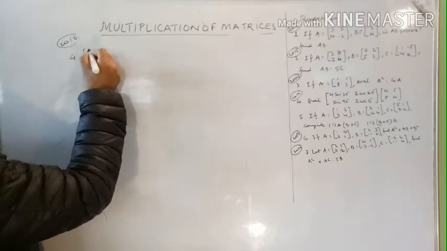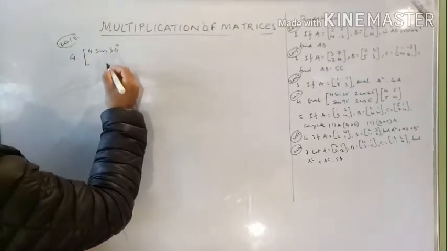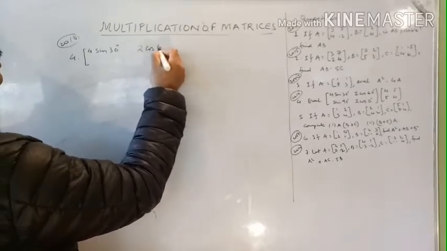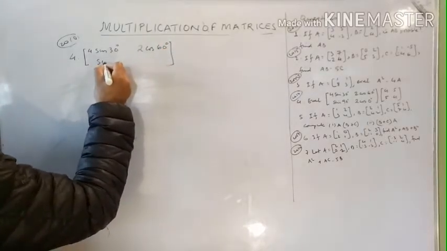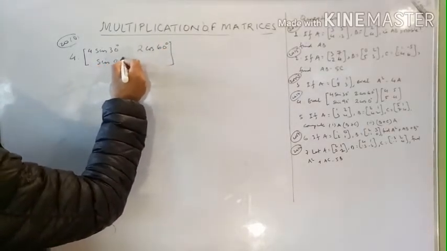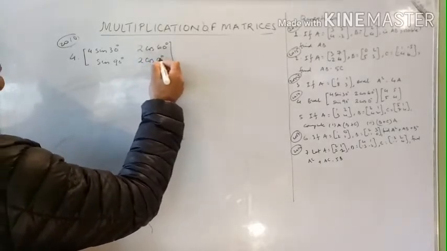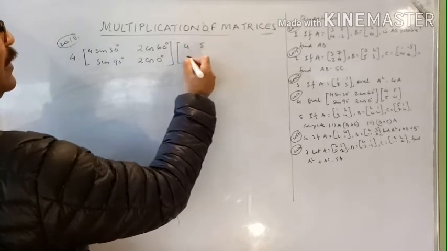It's given 4 sine 30 degree, 2 cos 60 degree, then sine 90 degree and 2 cos 0 degree, into 4, 5, 5, 4.